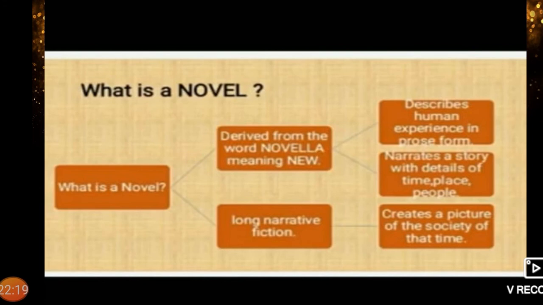Prose form means chapter form, which narrates a story with details of time, place, and people, and hence creates a picture of the society of the time in which the story is set. So a picture of that time, that place, and those people has been created and shown to us.